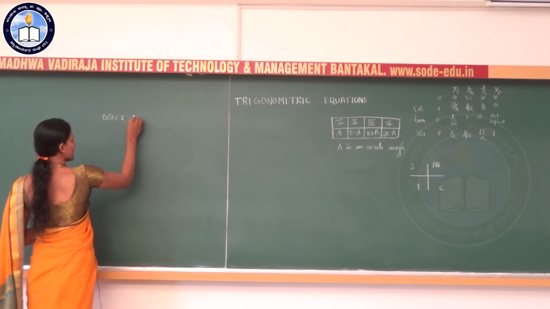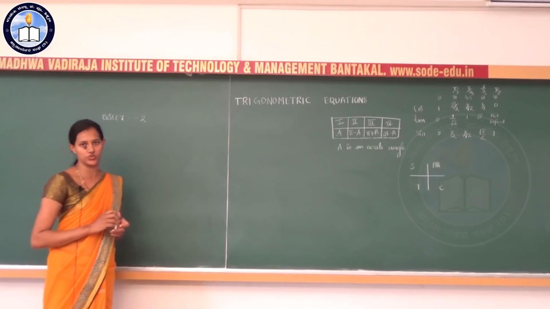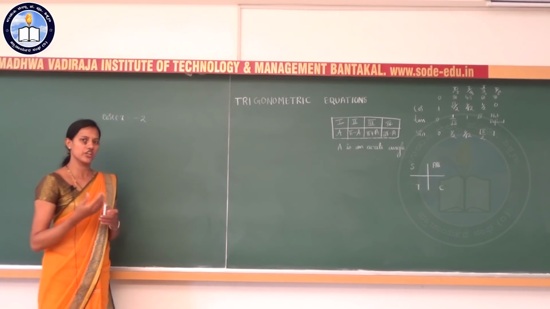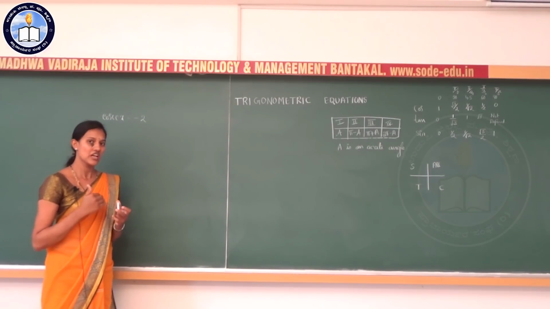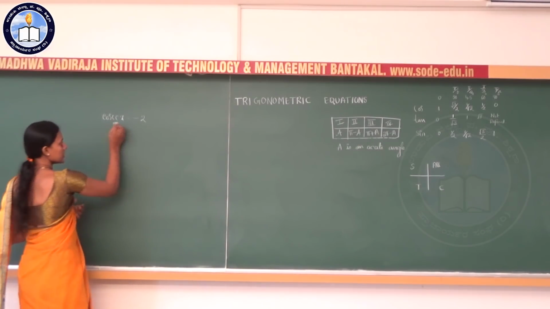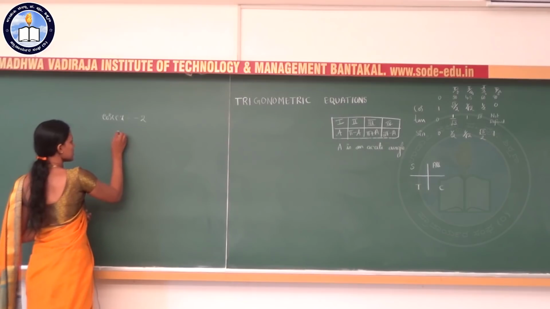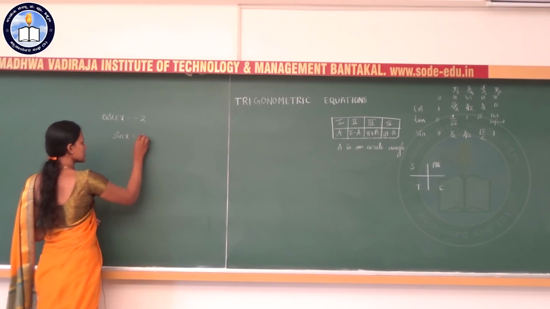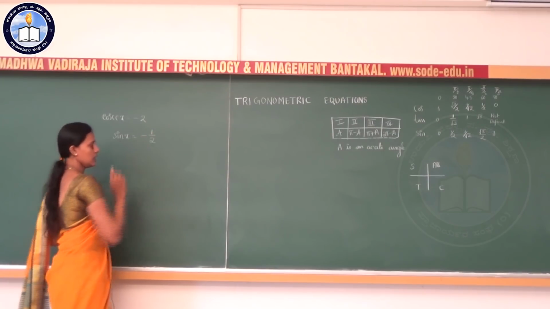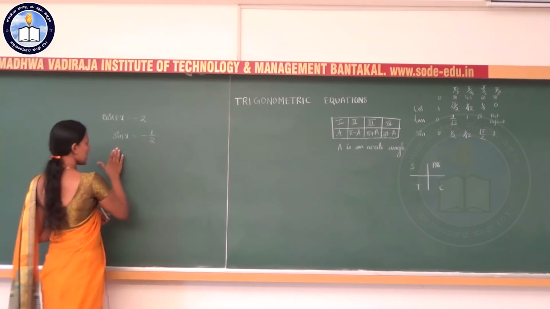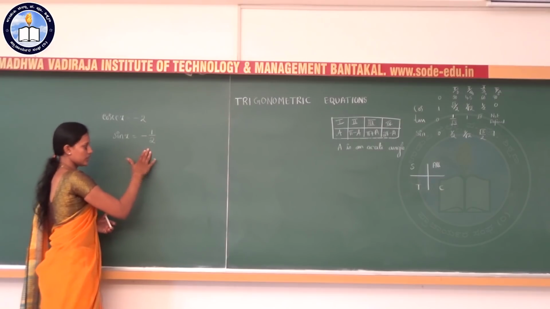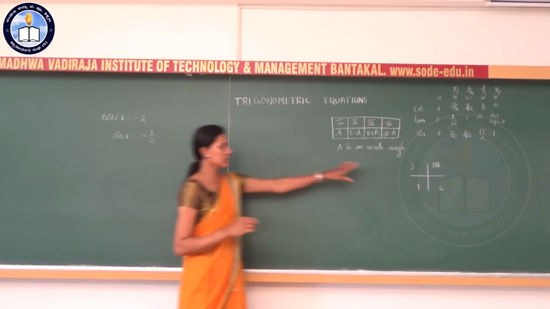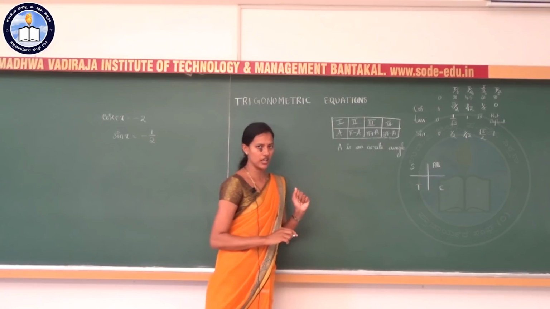cosec x is equal to minus 2. Cosec function, so first we shall write it in terms of sine function. Cosec x is equal to minus 2, so it is a reciprocal, that is sin x will be reciprocal of minus 2, that is 1 by 2. Now, sine is negative. Sine is negative in third and fourth quadrants.